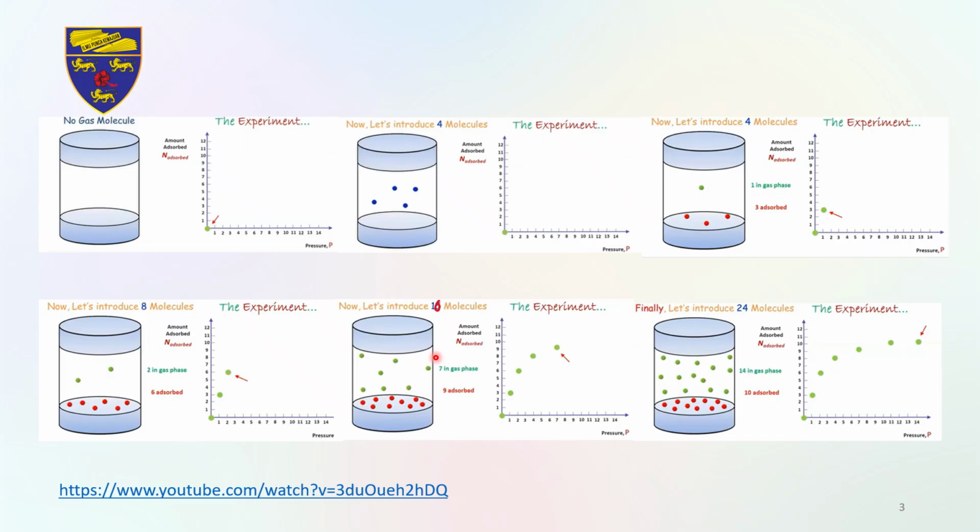So we see that as we introduce more molecules into the chamber, the pressure increases and subsequently more molecules are forced onto the adsorbent surface until it achieves equilibrium, where further added molecules produce no change in the number of molecules adsorbed.